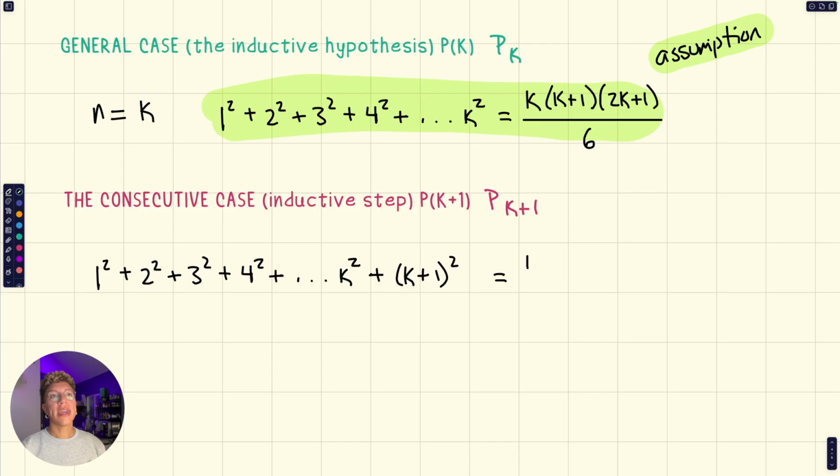So we get k plus 1, then we get k plus 1 plus 1, and then here we get 2, in parentheses, k plus 1, plus 1, and then all of that over 6.